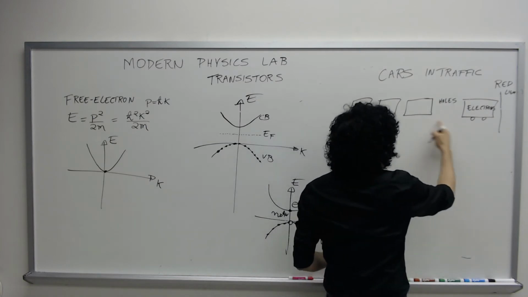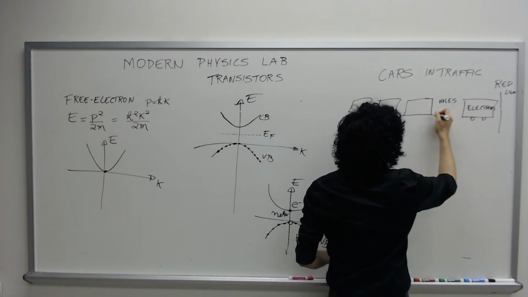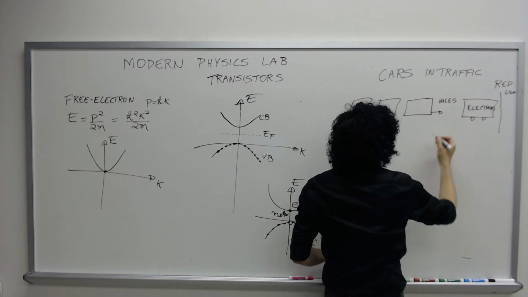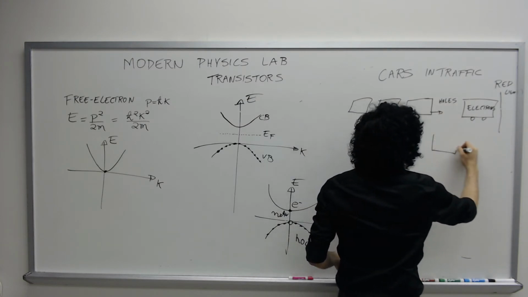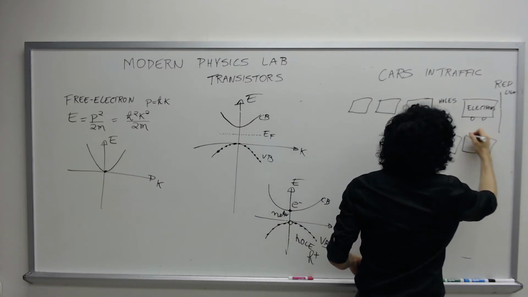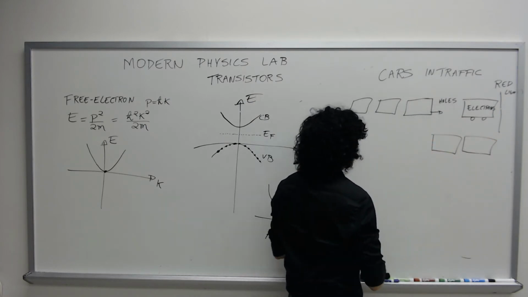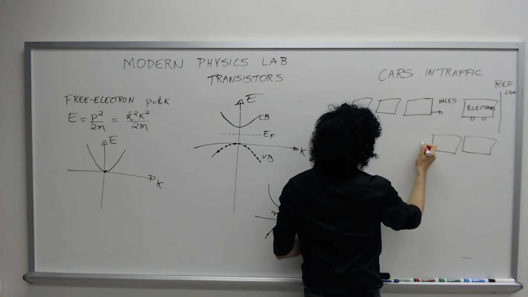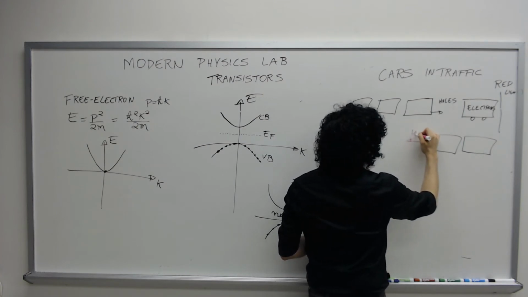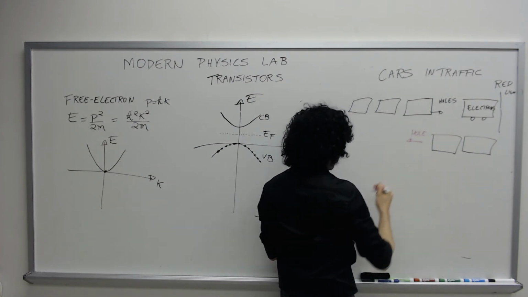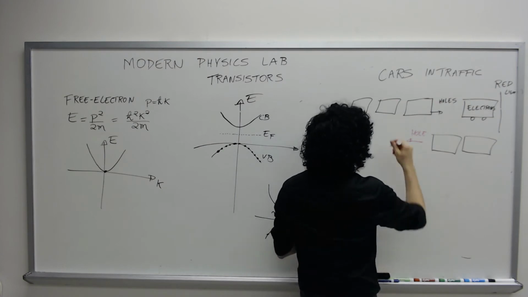So if this car comes here, so an electron moves there, the net effect is that the hole is traveling in the opposite direction.